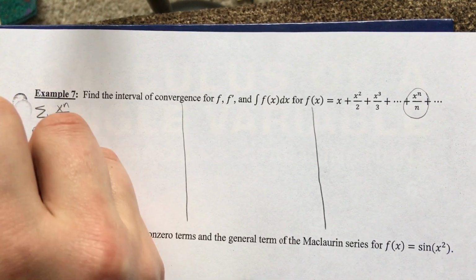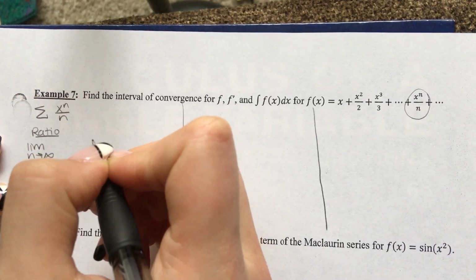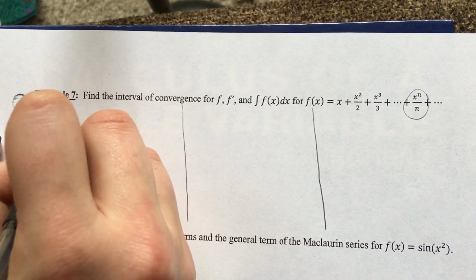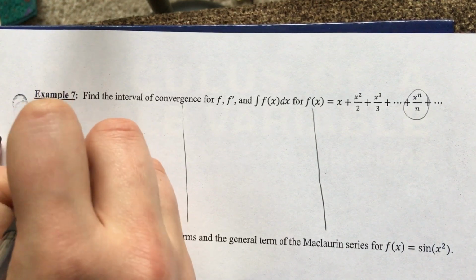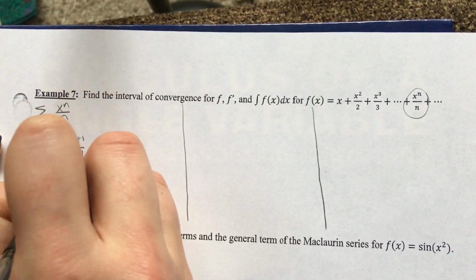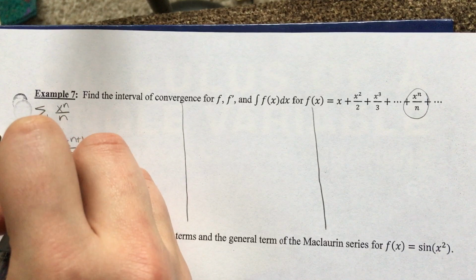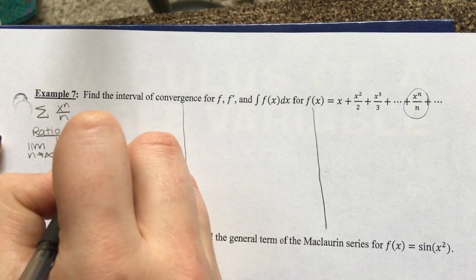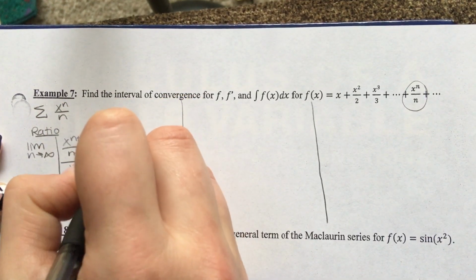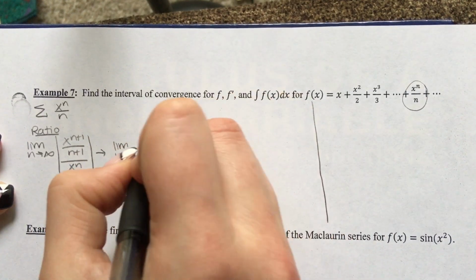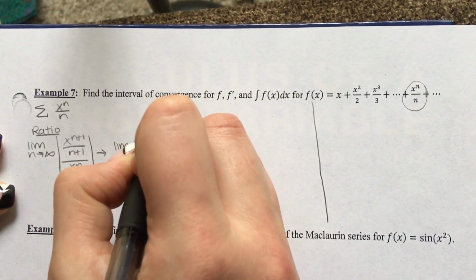So the limit as n goes to infinity of x to the n plus 1 over n plus 1. And then I can go ahead and multiply that reciprocal up.